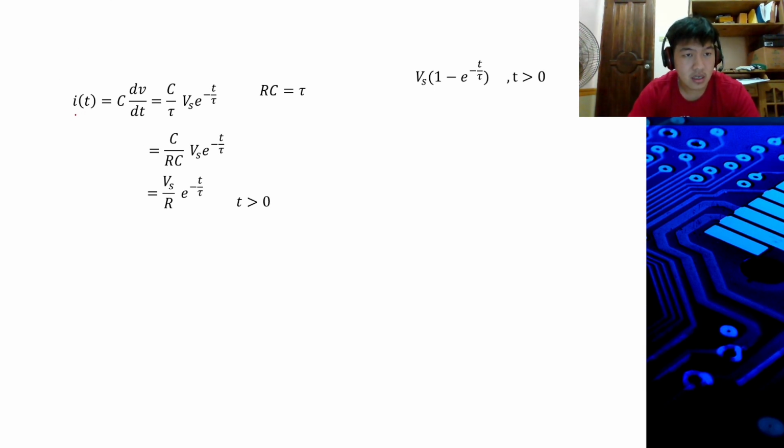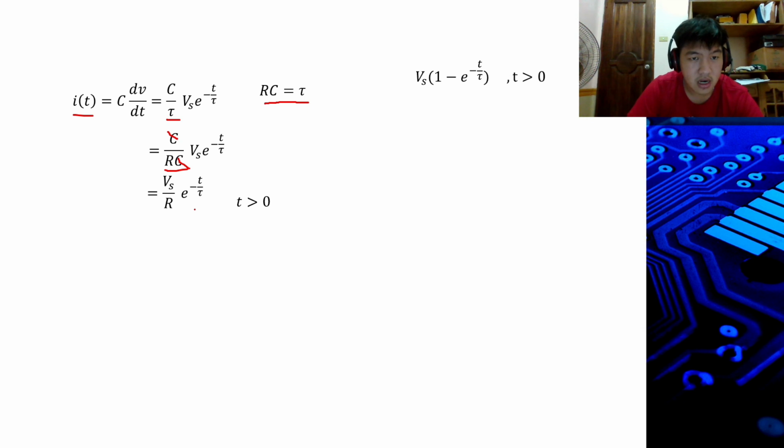Okay, this one, so atong natural response sa current response nato sa capacitor will be I of t is equal to C dv over dt is equal to C over tau times Vs times e raised to negative t over tau, where nahay tay constant time nga tau na to is equal to RC, which is C over RC times Vs e raised to negative t over tau, and cancel na siya, and we can get this one.